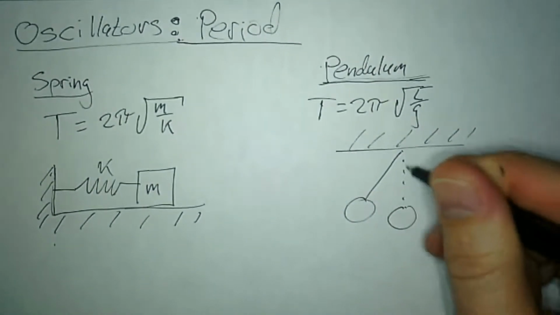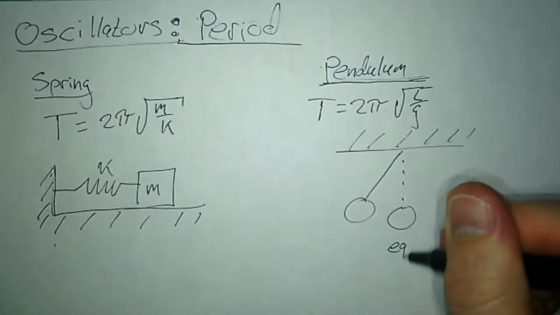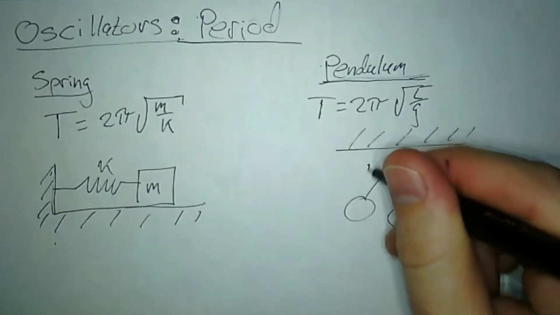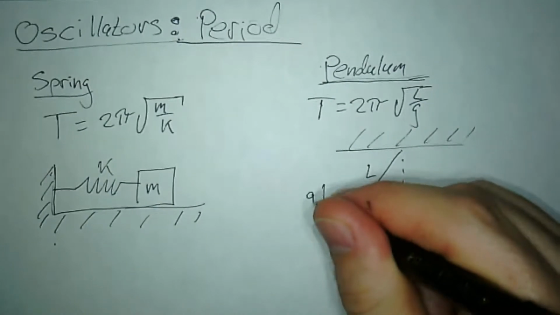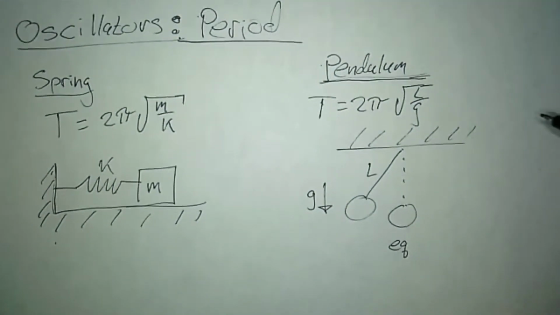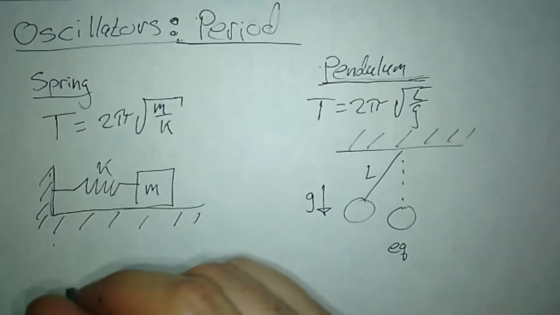The dashed line is the equilibrium position. If I say the length, and we know the gravitational field is down, there are no other factors that affect the period.